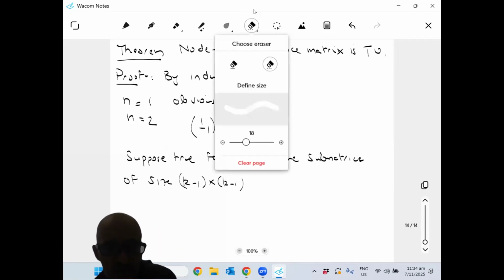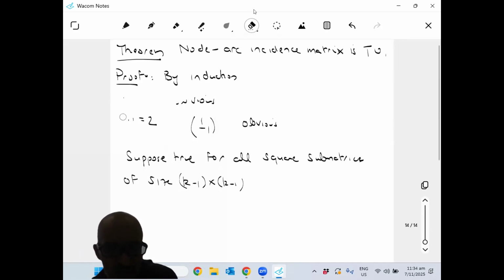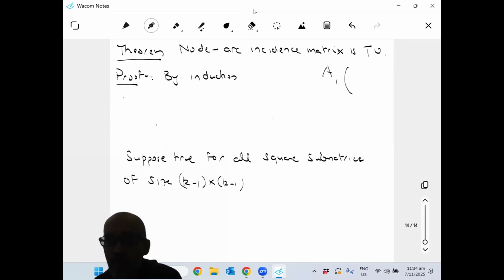Actually, let's do this slightly differently, and be very careful with this. By induction, I've got a matrix A of size n by m.